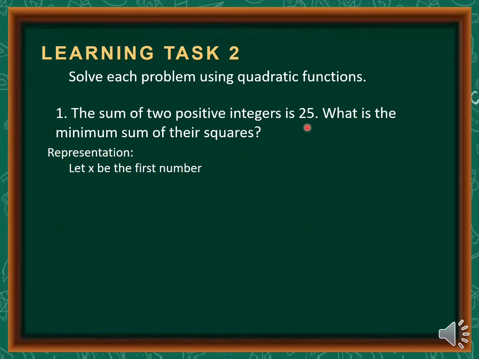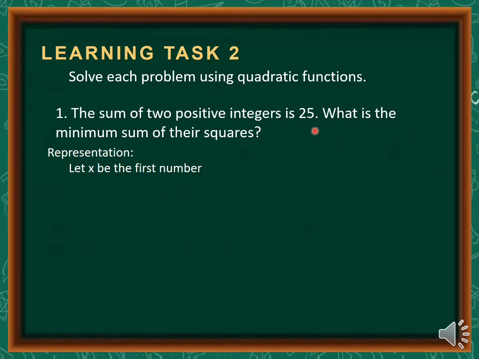If x is the first number, so therefore, in order to get the second number, ay alam naman natin na 25 na yung sum. So therefore, paano makukuha? Para yung for example, may 20 pesos ka. 20 pesos daw yung total. Na pag ang isa ay alam mong 10, para makabuo ng 10, for example, 5. 5 yung isang number. Para makabuo ng 20, what will be the other number?